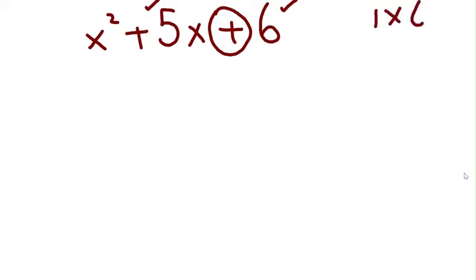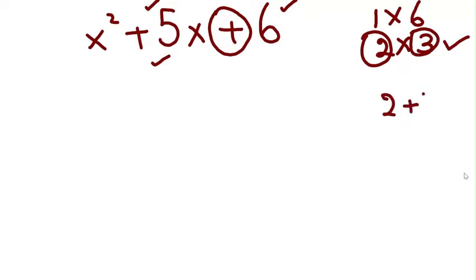1 multiplied by 6, then 2 multiplied by 3. These are the factors of 6. We notice that 2 multiplied by 3 will play the role because 2 plus 3 will give you the middle term 5.